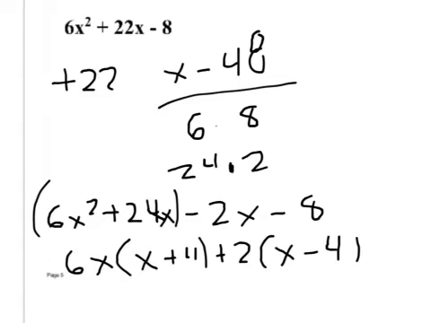No. What do I need to take out? Negative 2. What's negative 2x divided by negative 2? X. What is negative 8 divided by negative 2? Positive 4, right? We have x plus 4 on both sides, so now we can do that.